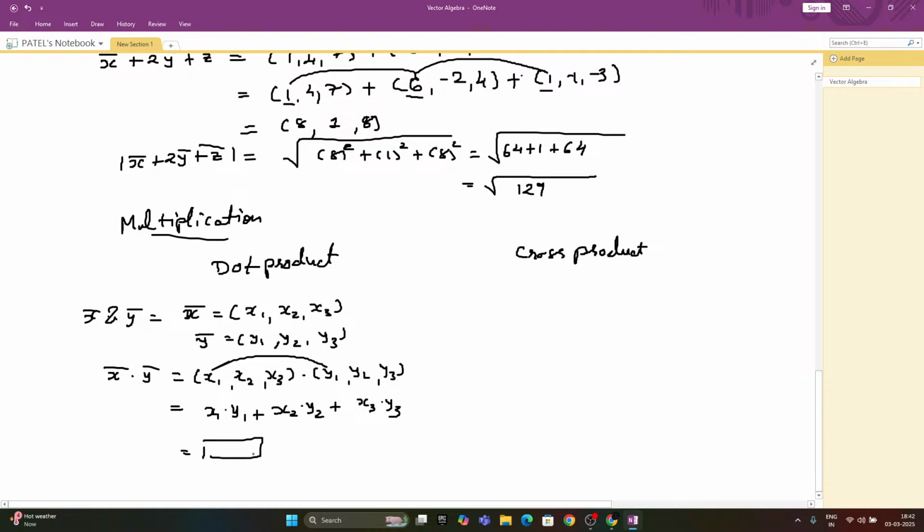So you will get a scalar number, a simple number. And it is for 2D as well as 3D. But if you go for the cross product, then it is only for the 3-dimension vector space.